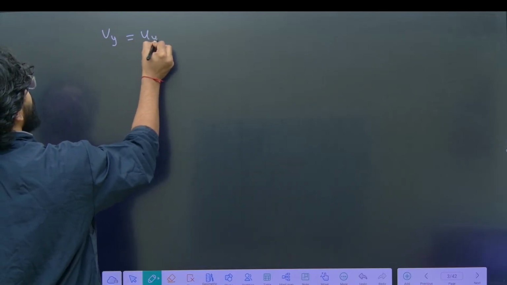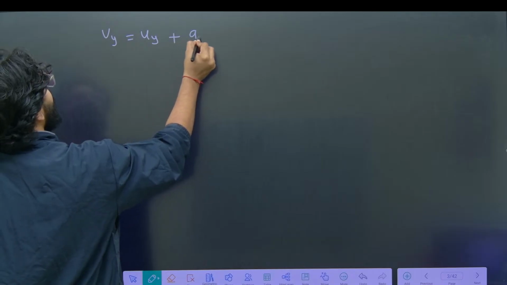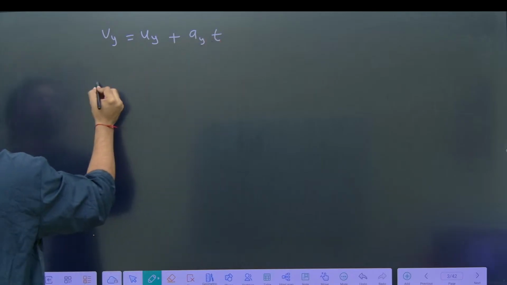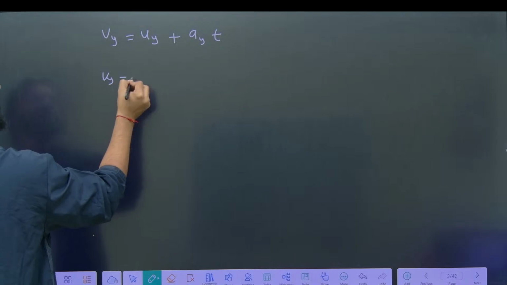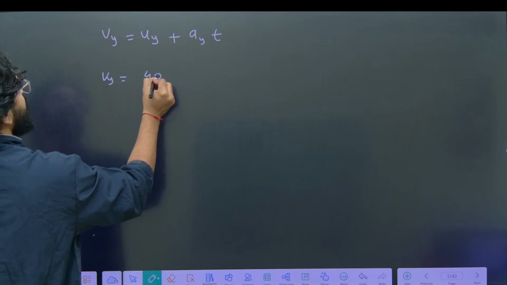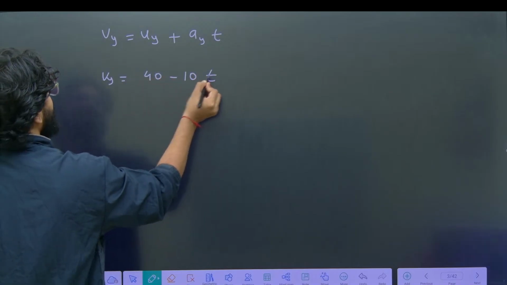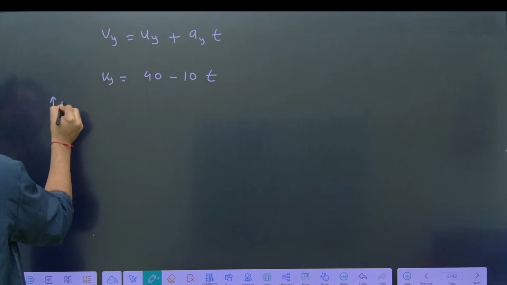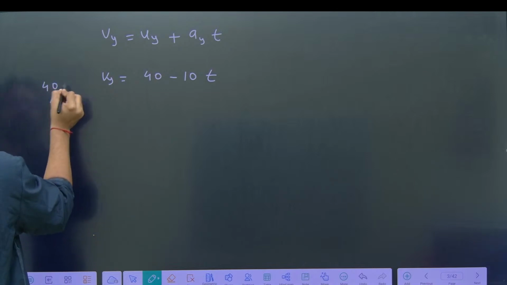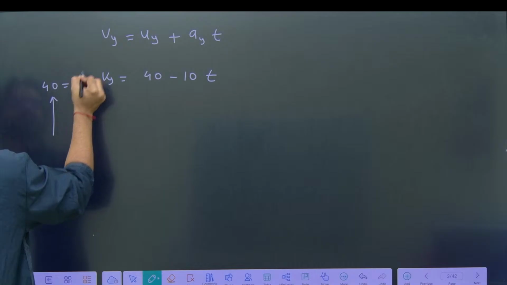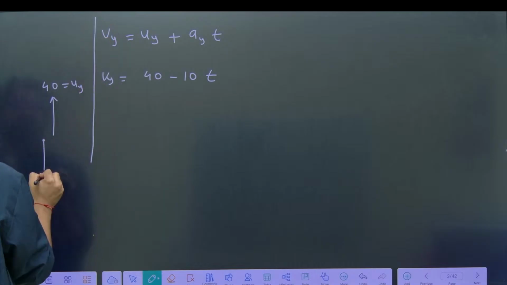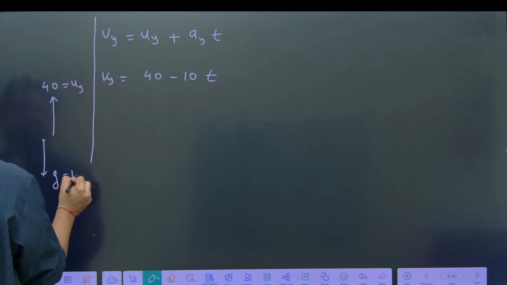So we can write Vy equals Uy plus Ay into T, correct? So Vy we have to calculate. Uy is 40, Ay is negative 10. Why negative 10? Because 40 is Uy and g is downwards, right?